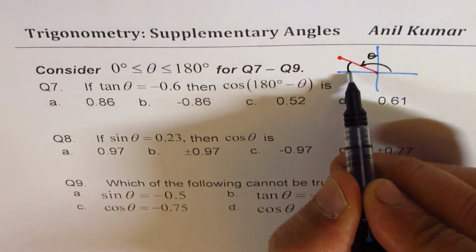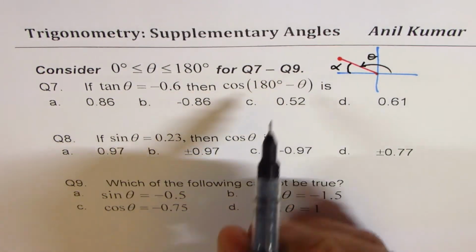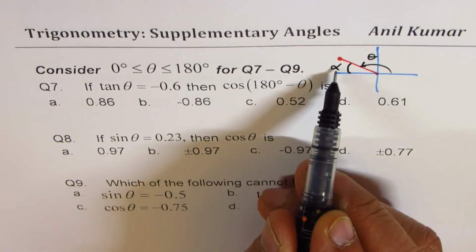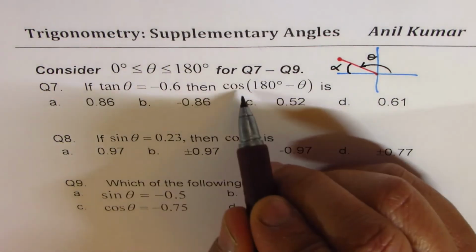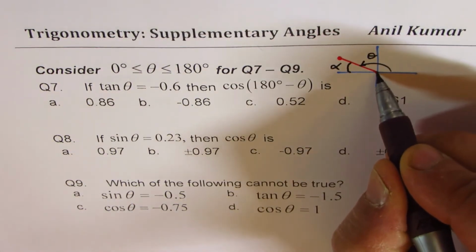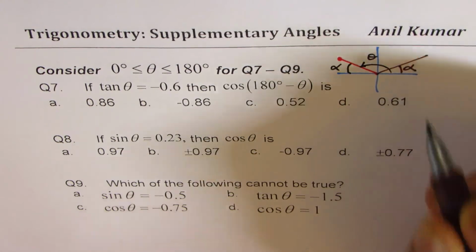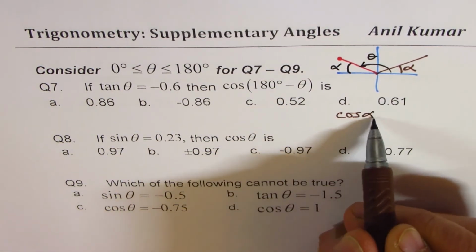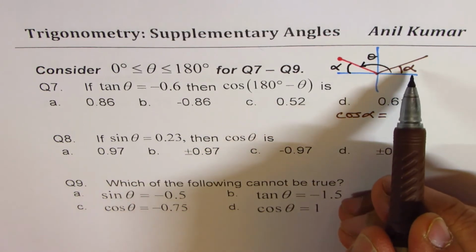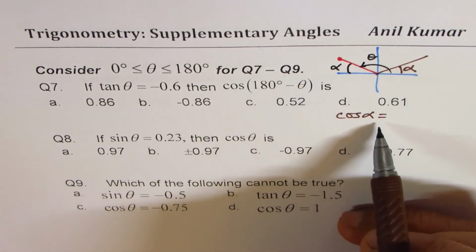We need to find the related acute angle. 180 minus theta is that angle alpha. So if you find alpha, then cos 180 minus theta is going to be equal to cos alpha. So basically we have to find what cos alpha is. It has to be positive, correct? So that is the strategy.